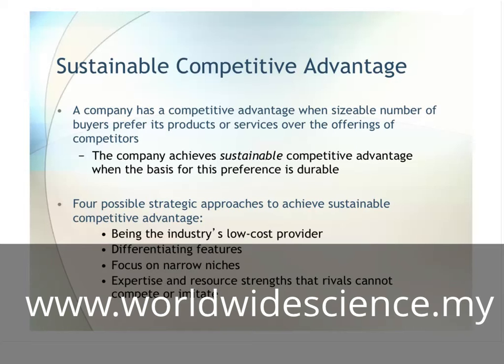About the 4 approaches. Mostly, if you're a low-cost provider, you won't go to a niche market. You're just trying to get as many customers as possible. Or when you're differentiating, you're just focusing on that. But sometimes it's a combination. So it really depends on the type of business that you're running. And you could be using all these 4 to have a sustainable competitive advantage.